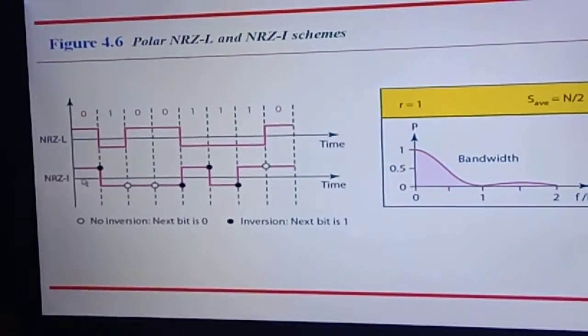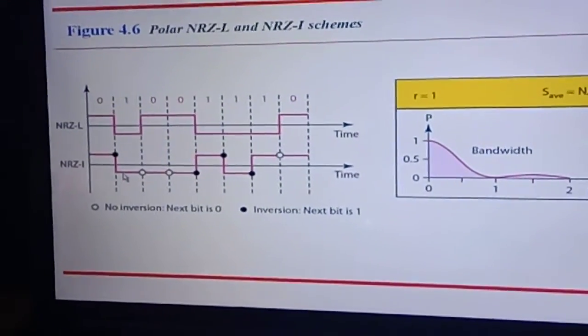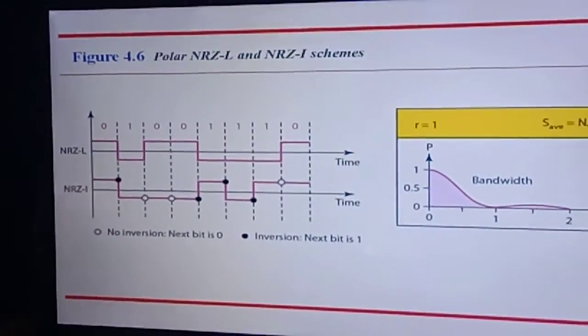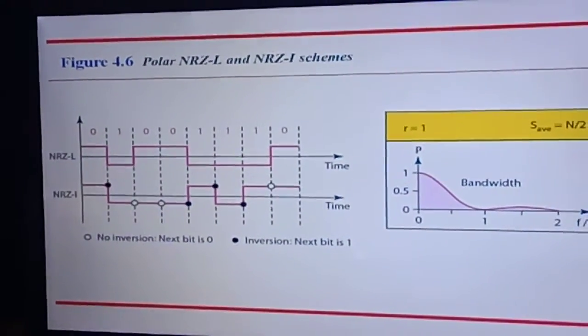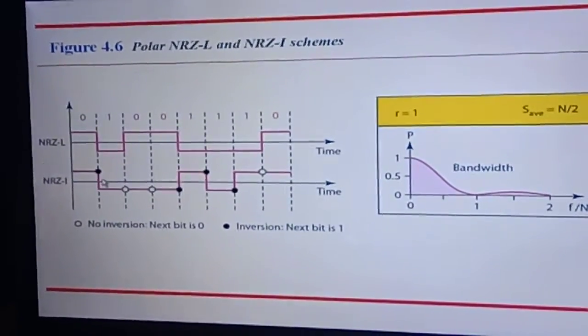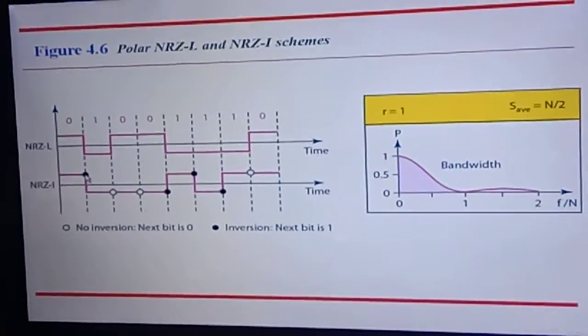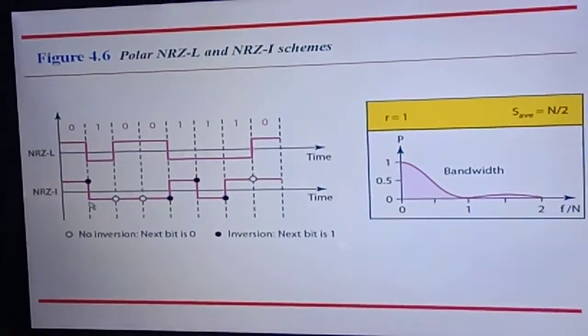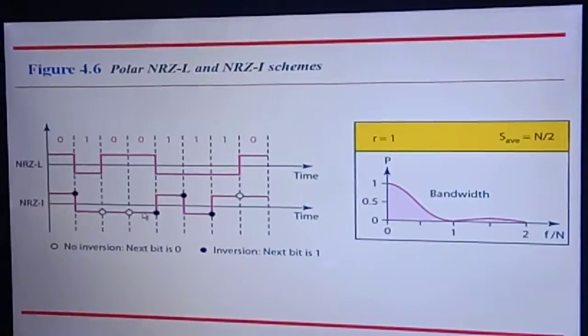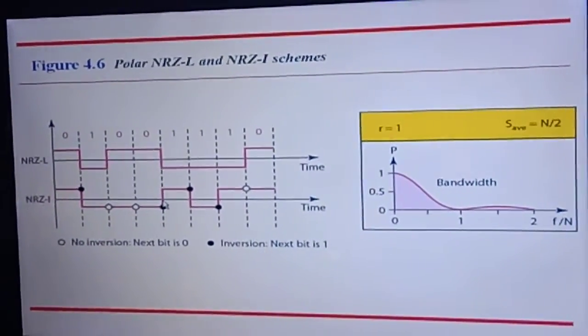But when you come to non-return-to-zero inverse, if there is a signal change, then that is 1. Here 1 is represented by a change from positive to negative. And this is continuous: these are zeros, so the signal stays negative, there is no change.